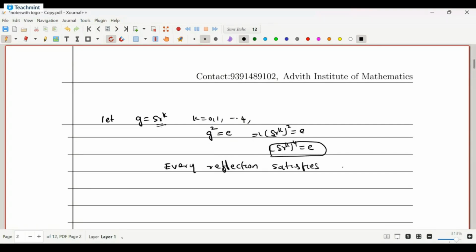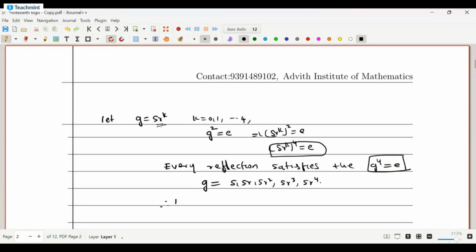satisfies the equation G power 4 is equal to E. So G యొక్క పాసిబిలిటీస్ ఏమున్నాయి సార్? S, SR, SR square, SR cube and SR power 4. ఎన్ని ఉన్నాయి ఎలిమెంట్స్? 5 ఉన్నాయి. So therefore మొత్తం పాసిబిలిటీస్ ఎన్ని ఉన్నాయి? 6.